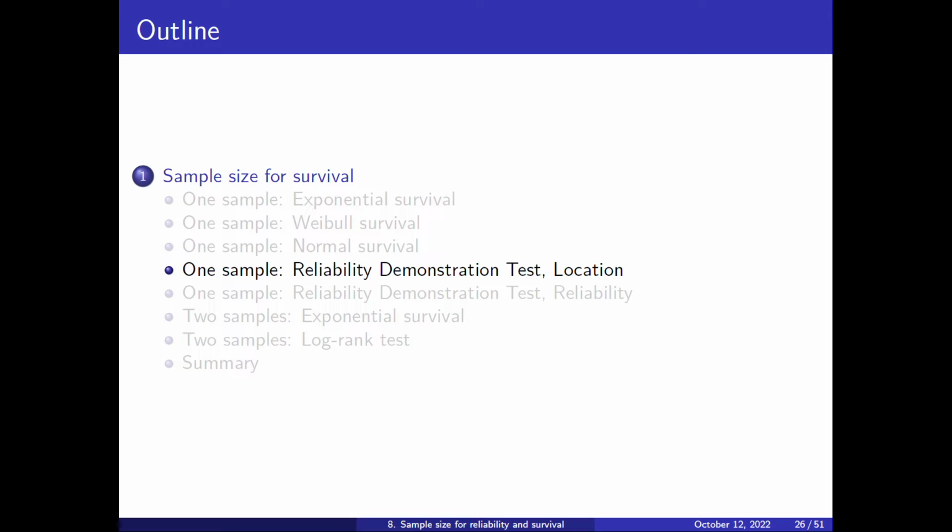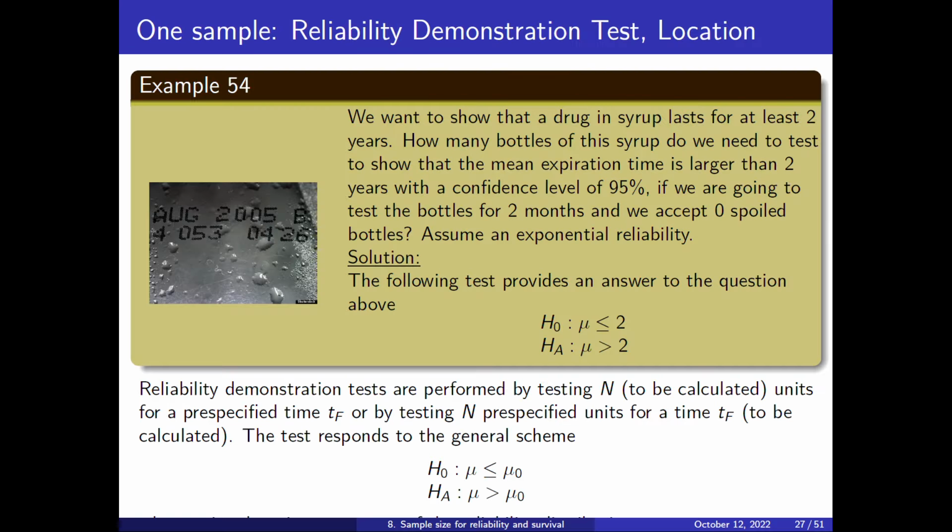And the word reliability is coming from engineering, where they want to do some quality control on the products that they produce. Okay, so let's say that we want to show that the drug in a syrup lasts for at least 2 years.